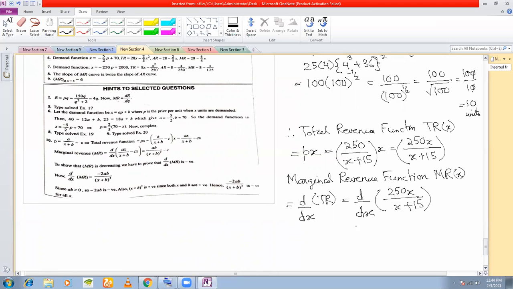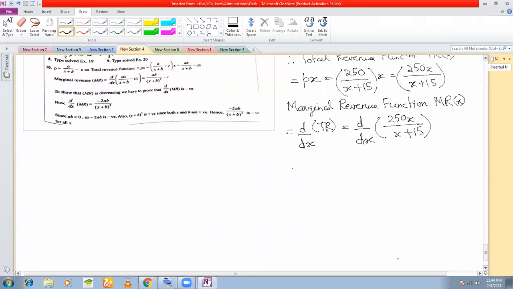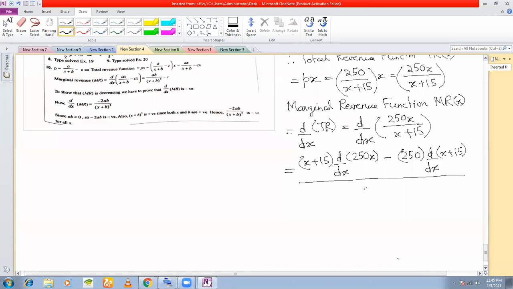Now we differentiate this by the u by v rule. You can differentiate: (x plus 15) d/dx of 250x minus 250x into d/dx of (x plus 15), whole divided by (x plus 15) square.